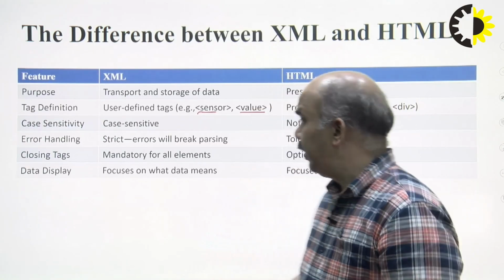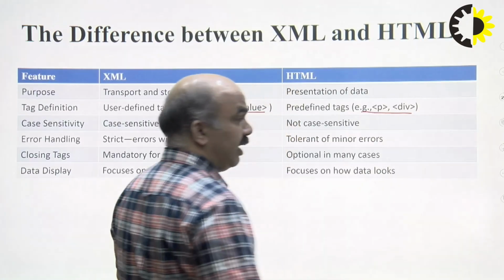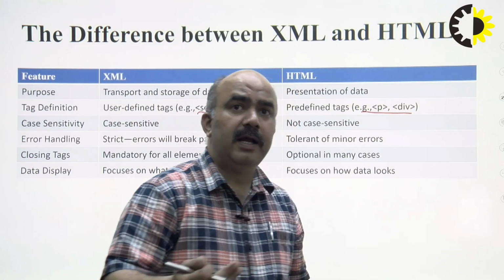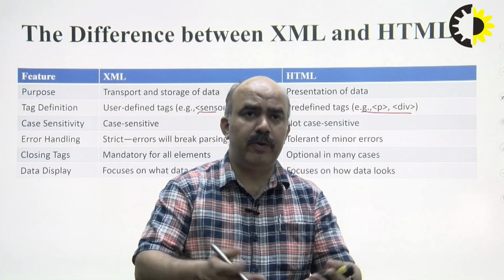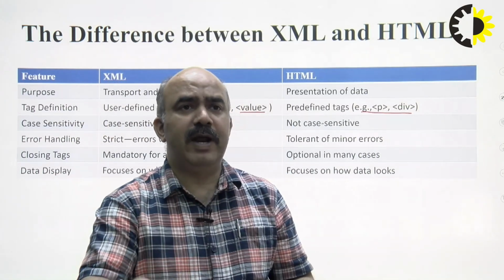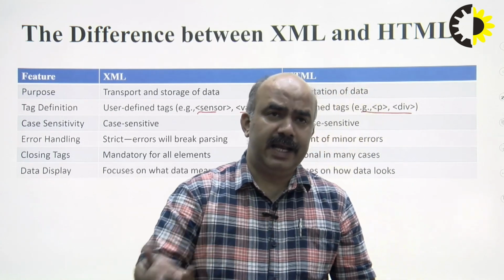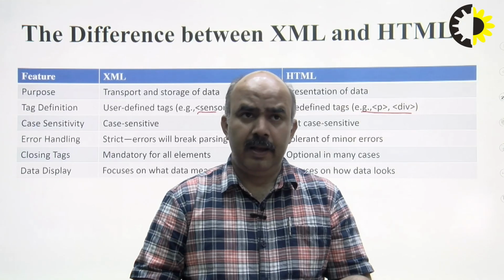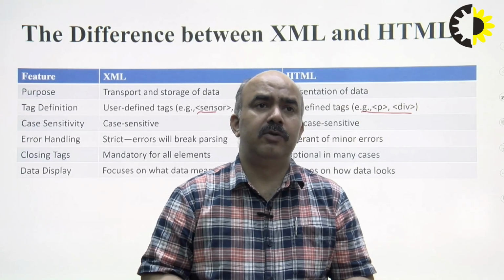In HTML we have predefined tags which have definite meanings. It means p is used for a paragraph, or div is used for a division of a block, or a div id can be used. Other tags also have predefined meanings. However, in XML, they are only user defined.